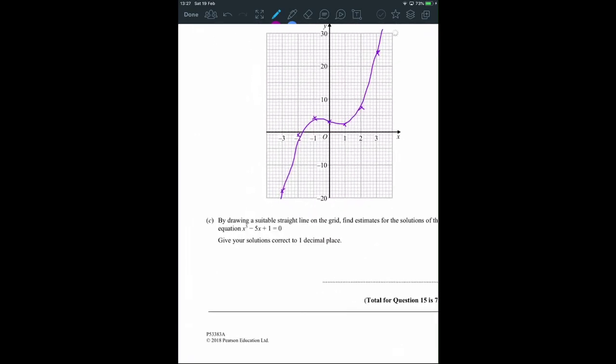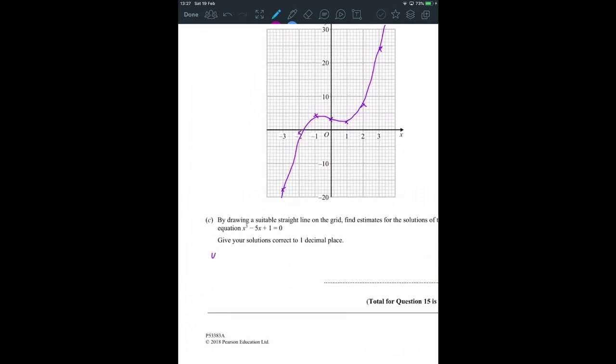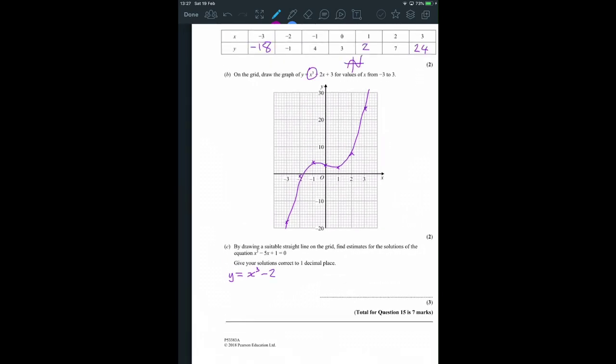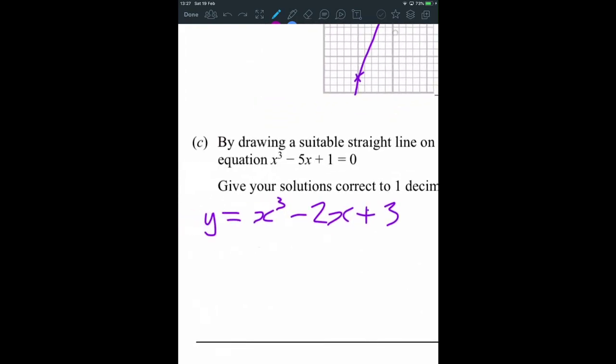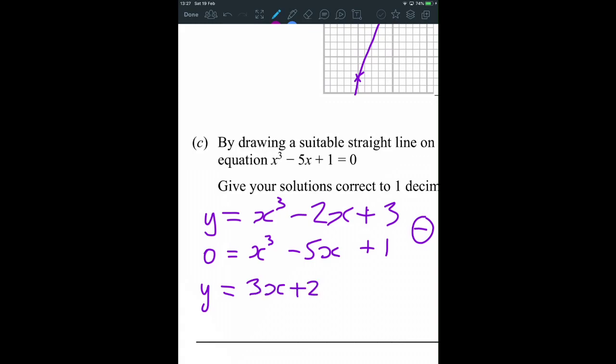This is a sneaky trick, but if we subtract what we have, which was -2x plus 3, and we subtract the equation that we want to solve, it tells us what line to draw to find the perfect point of intersection. So if I subtract these, it's y take away 0, just the y, the x cubes cancel, 3x plus 2.